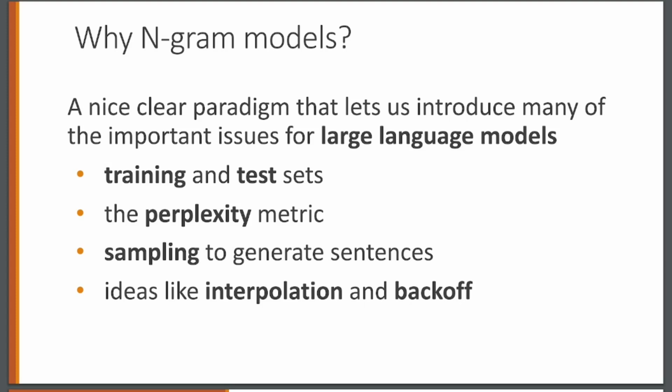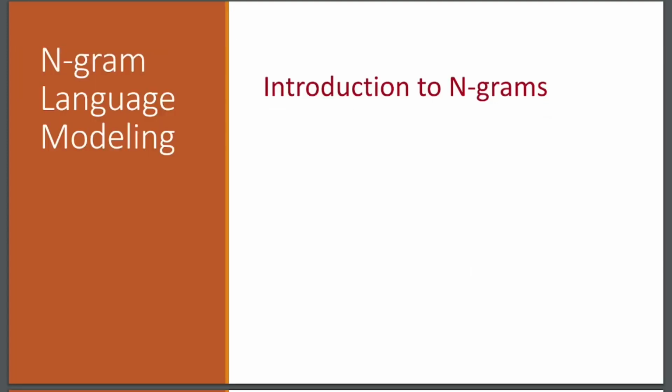A new function we can use to measure the performance of a model that we haven't talked about in, say, Intro to AI, right? Sampling to get random sequences out of text, right? Or ideas like interpolation that we'll be talking about later, right? So language models, and particularly n-gram language models, are an important introduction to some very important concepts for later in this class. So stick with me as we talk about n-grams themselves and some more about their significance.